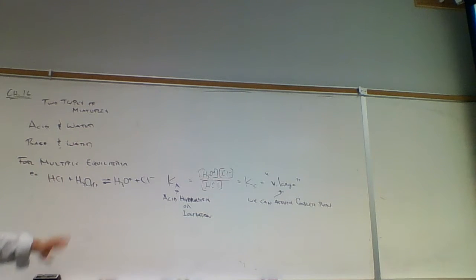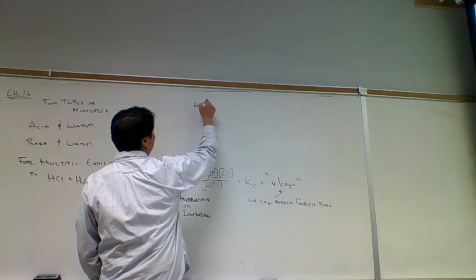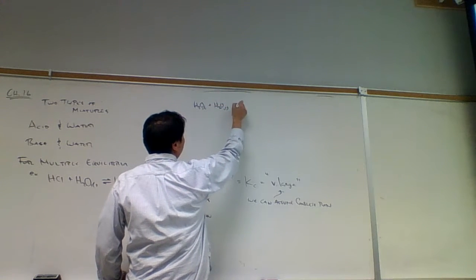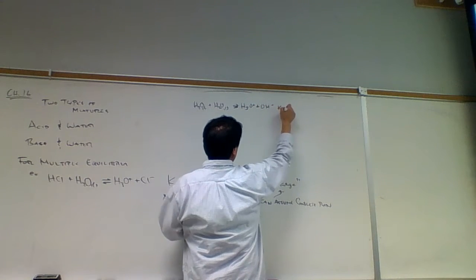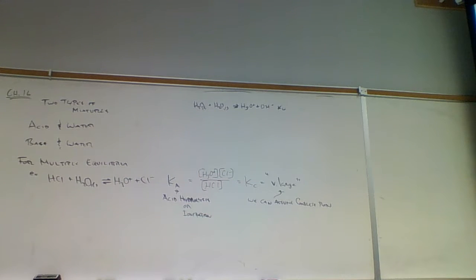So this is one equilibrium, and then we have another equilibrium, and that is the water equilibrium, H2O liquid plus H2O liquid goes to hydronium plus hydroxide, and this is Kw. Water hydrolysis, water ionization. So we have these two equilibria going on, and we did a problem last week showing how the addition of HCl can perturb water's equilibrium by the Le Chatelier's effect.